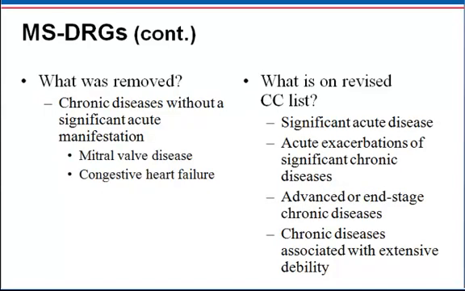What was removed from the CC list? Chronic diseases without an acute manifestation. So if the patient is in for kidney pain, for example, or kidney disease, and they have CHF, but they are very well controlled, there's no flare-up, really they're not doing anything in the hospital stay for the CHF, it would not be considered a CC.